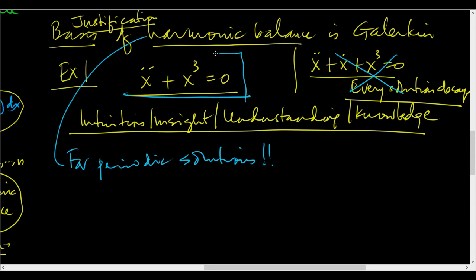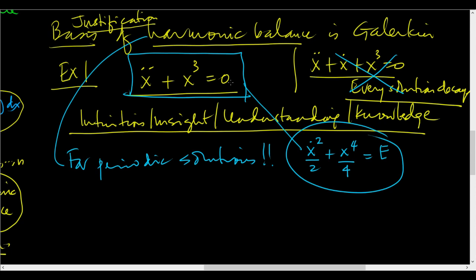Every solution is periodic. This is conservative, does not dissipate energy. For example, x dot square by 2 plus x to the power 4 by 4 equals some constant. That is what this means. It is integrable.